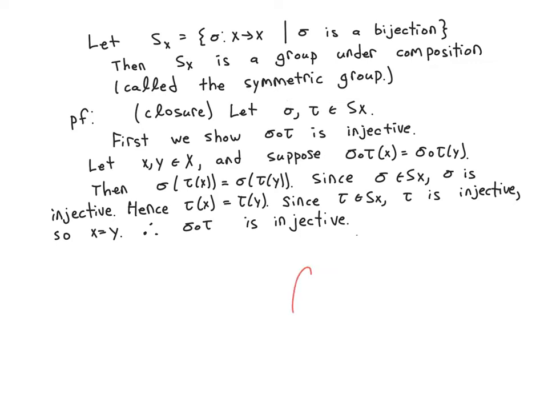Sometimes I illustrate this with pictures, so let's actually try to do that right now. So I don't know what x and y looked like at first. We know that they were mapped to tau of x and tau of y. And we know that in sigma, we end up with the same point.